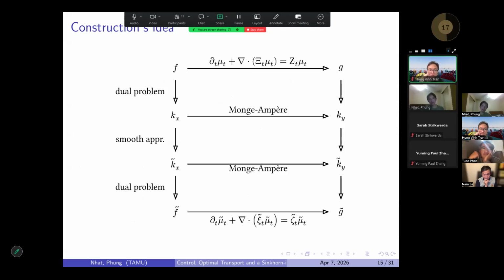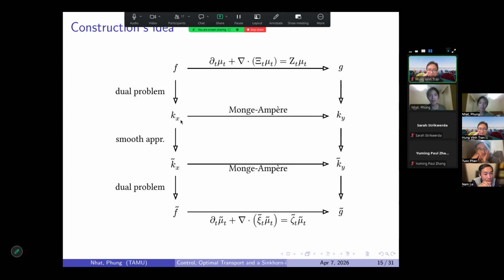And so this is how we try to construct. As I mentioned, we will try to use optimal transport, and we form a dual problem. Here we have F and G, and then we use the dual problem.